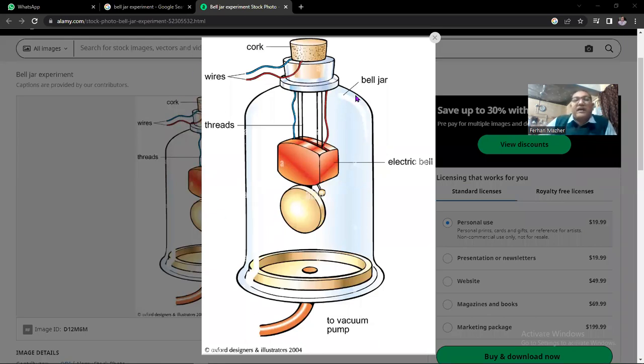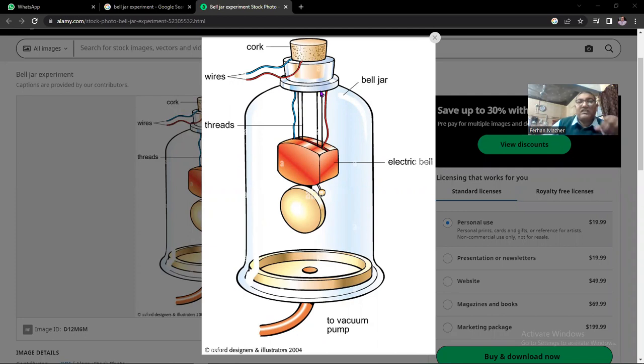In this, we take a bell jar, which is basically a glass jar, and one end is opened, and this one is basically closed. We pass two wires through from here.